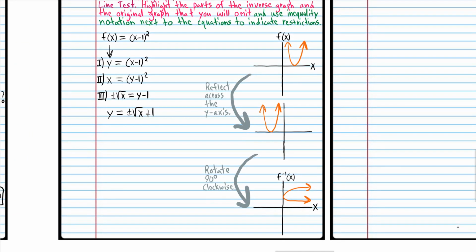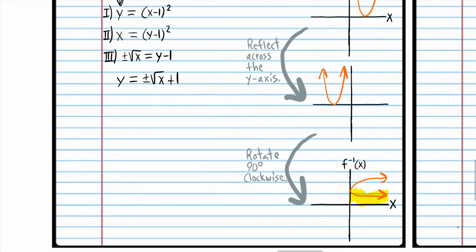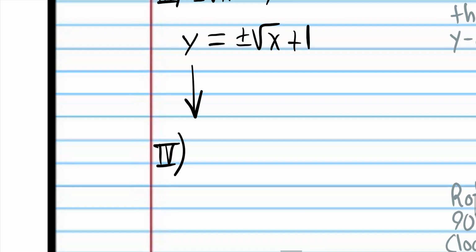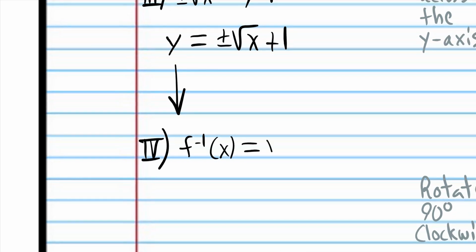So what do we do here? Well, we have to restrict the graph. Let's take the bottom part off. Okay, so that yellow part, we're cutting it off. So what that means is that our inverse function, which we can now call f inverse of x, is positive root x plus 1.